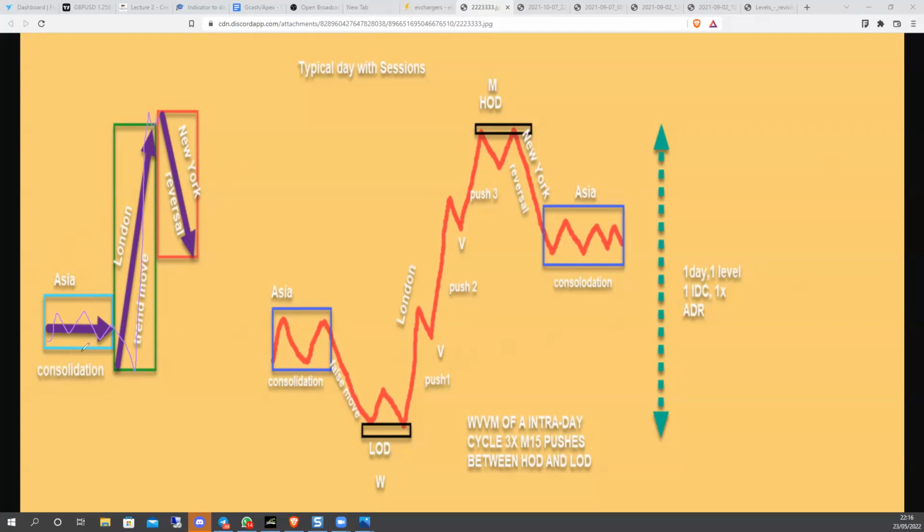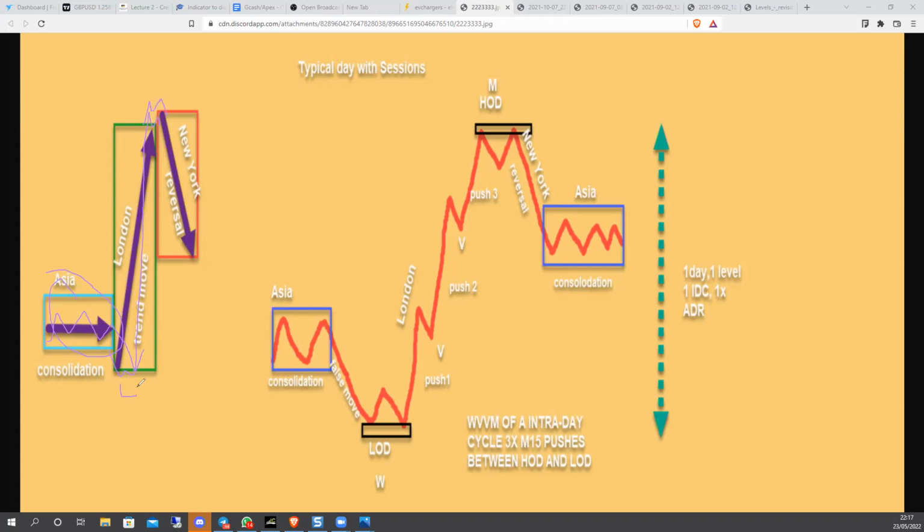This was our initial high and low of the day in Asia, and then we made a new low of the day with our stop hunt, and then we made our trend move, our distribution move, and then we made our high of the day here.